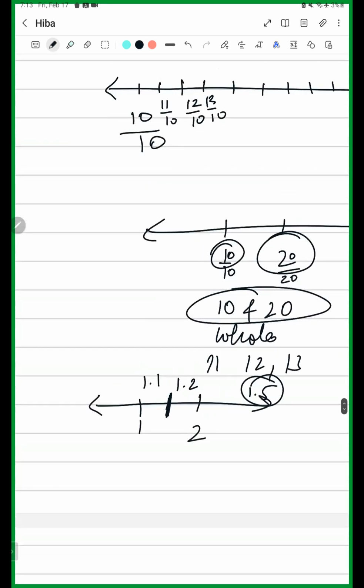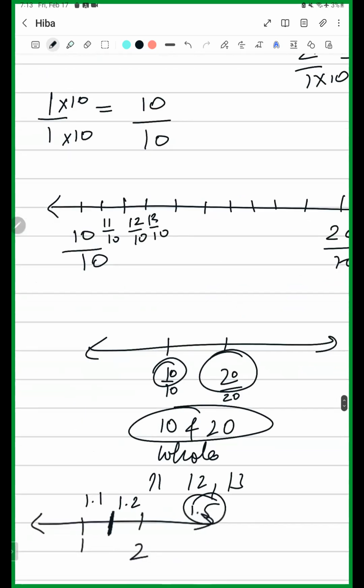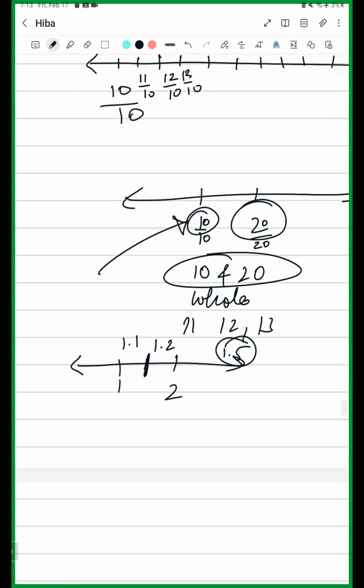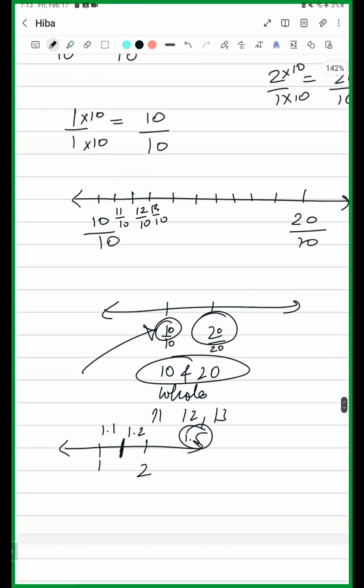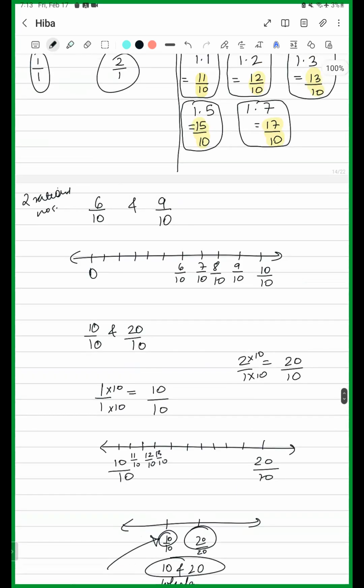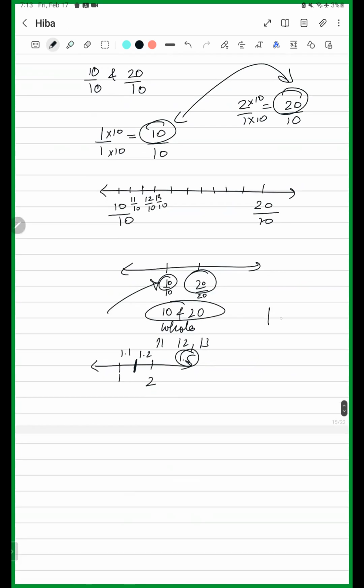But if you want to find in fractions, then you have to make this a fraction. Are you understanding? So we multiply by 10 and 20 so that we can find something between 10 and 20. Between 1 and 2 we cannot find any whole number.